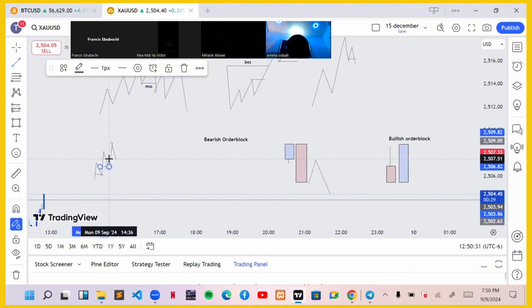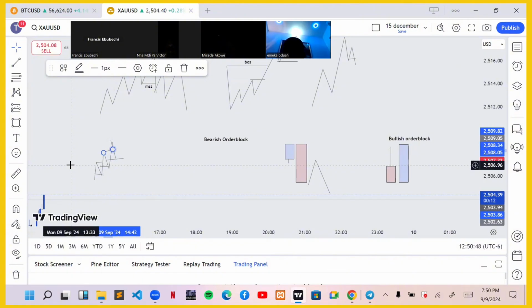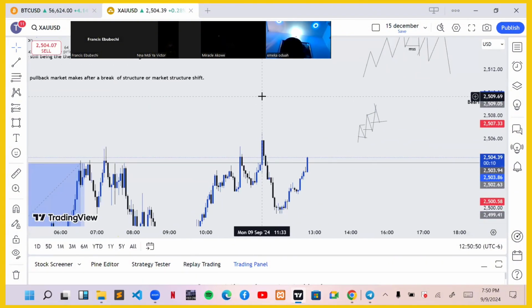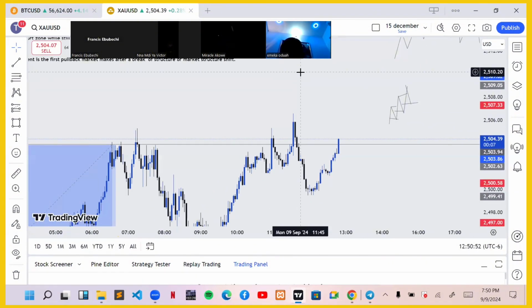There's one that also triggered this move to go up. So this is an order block pushing the market up. Now, if you pay attention here, there's also an order block here that was supposed to push markets down, but it failed and markets kept going up. There's an order block here that's supposed to push market down, it failed and kept going up. So for each zone that gets broken, there was an order block that was supposed to prevent that break.